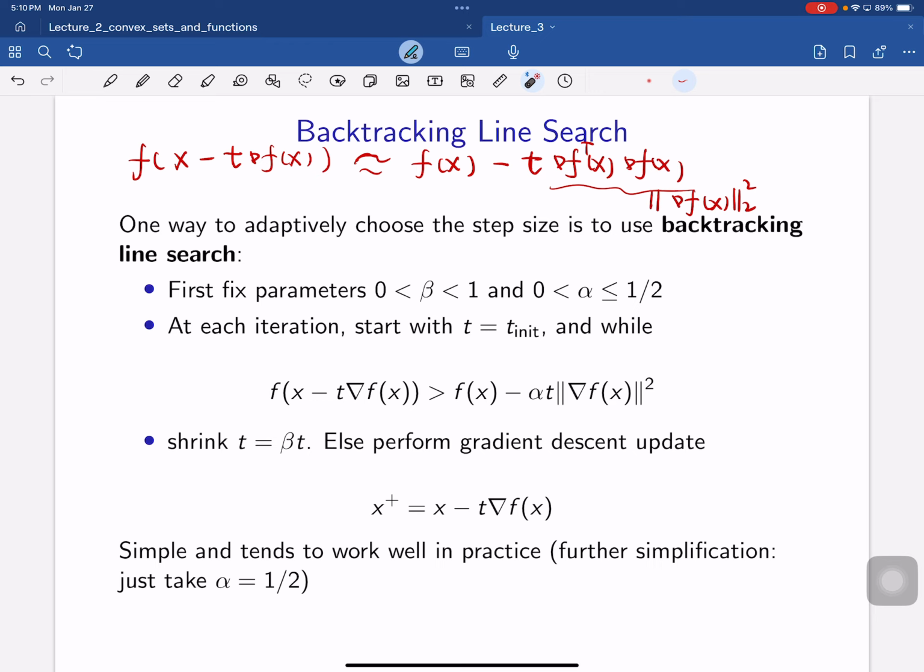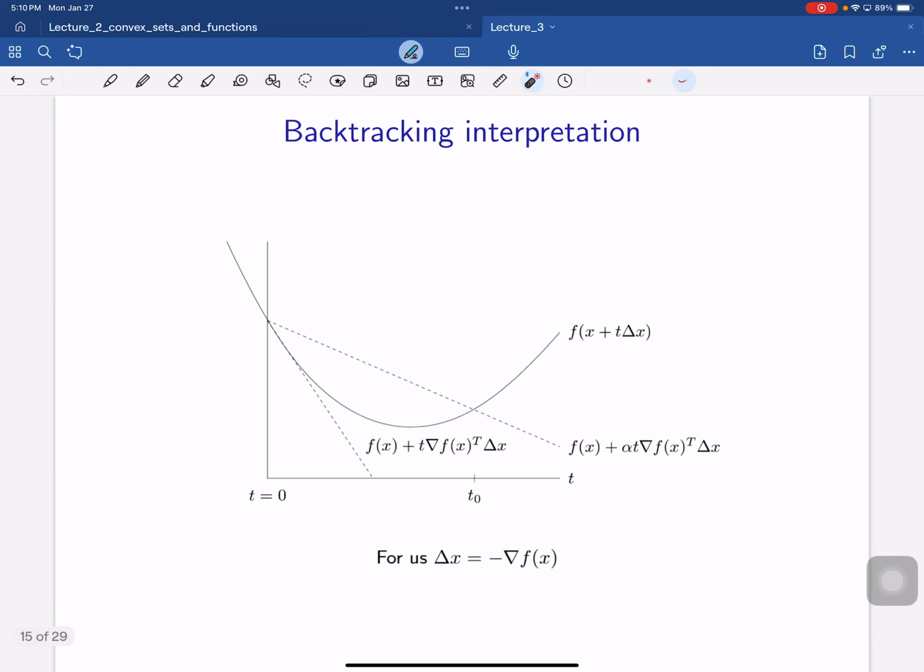Let's visualize this in a plot. Let's say we are currently at this point. If t equals 0, you just stay at this point. We know that when t is small enough, if you move towards the gradient direction, the decrease you get is roughly this first order approximation.